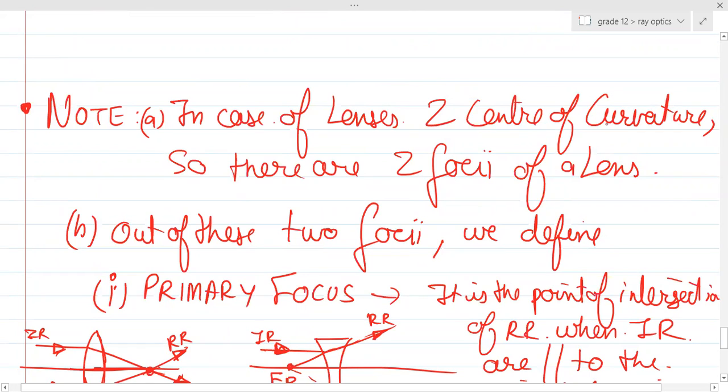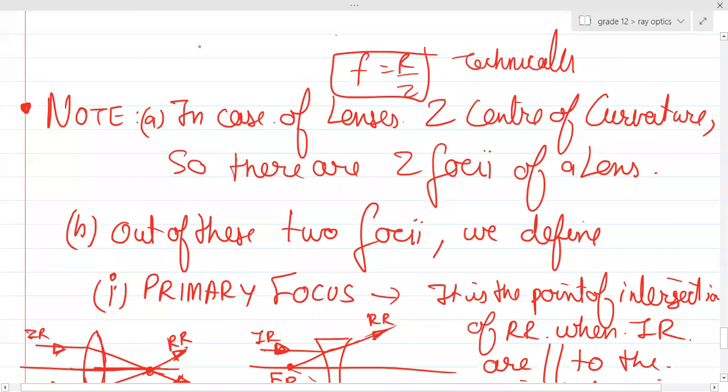No, that happens only in the case of equiconcave or equiconvex lenses, right? If you say, sir, in lenses do we follow this relation, f equals R by 2, technically I say no, this is wrong in case of lenses. When you follow this, it's wrong.